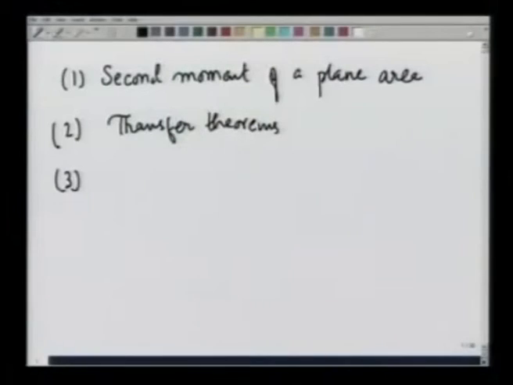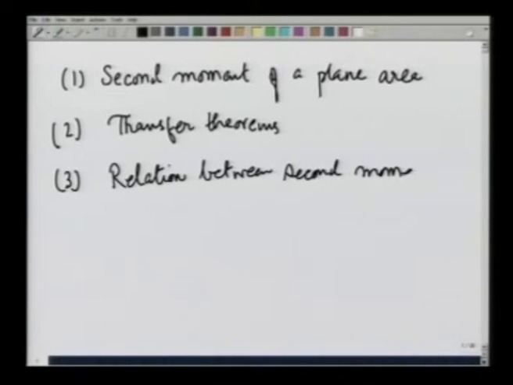Three, we will be talking about the relation between second moment and product of area.